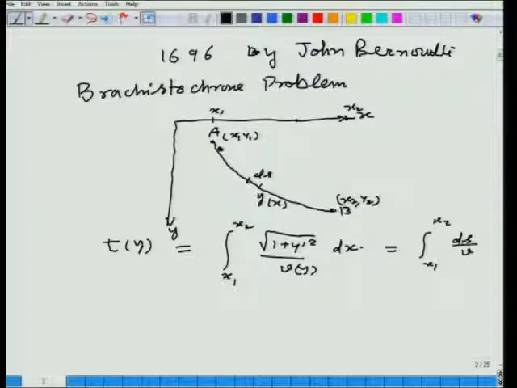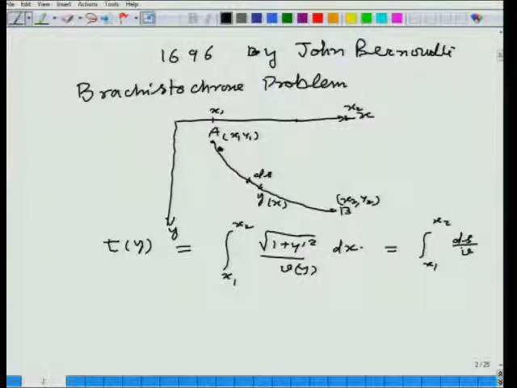So, ds upon the velocity will be the time taken by this particle coming from this point to this point.